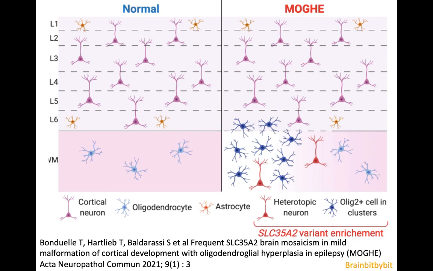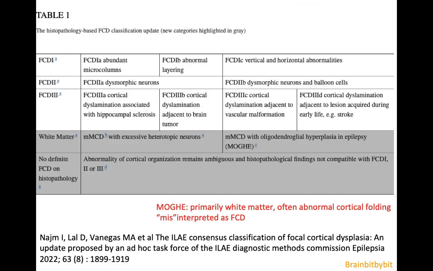This is a schematic drawing of MOGHE where you can see the excess of oligodendroglial cells and some heterotopic neurons in the subcortical white matter. And MOGHE is primarily a white matter disease, but because on imaging you might misinterpret it as a cortical dysplasia, it is included in this new classification from the International League Against Epilepsy.